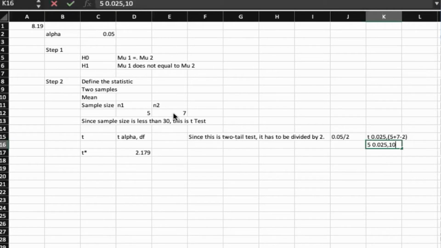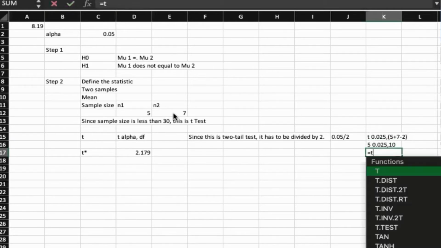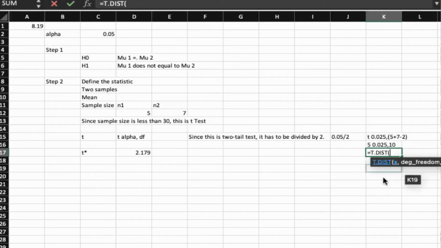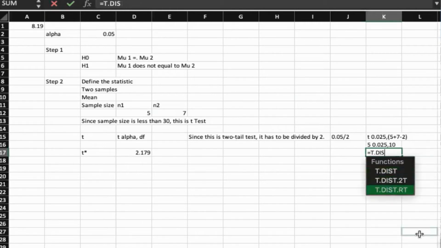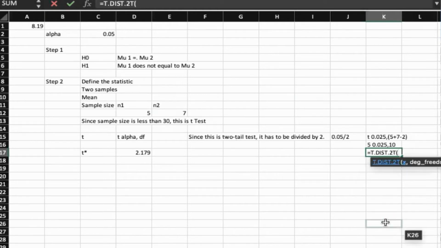So t of 0.025 and 10. Let's see, in the t distribution functions, T inverse, T two-tail distribution, RT.